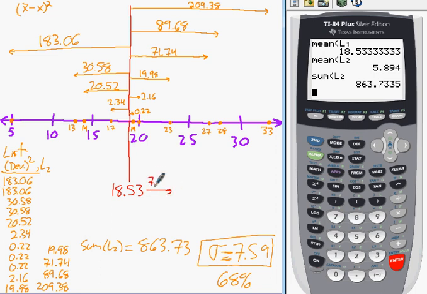So if we move our standard deviation above and our standard deviation below, oops, that's 5.9, then we arrive at 26.12 and 10.94, which is approximately here and approximately here.